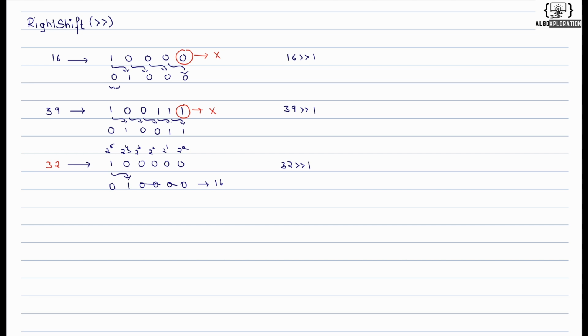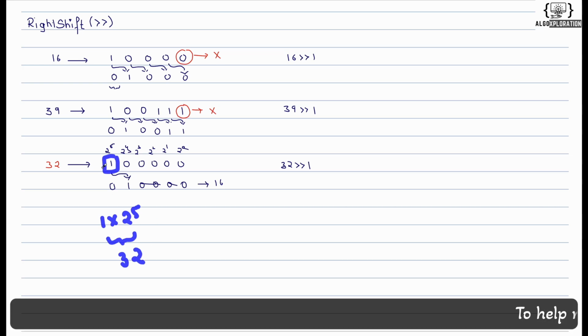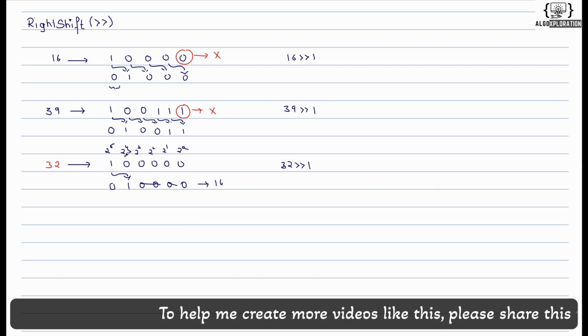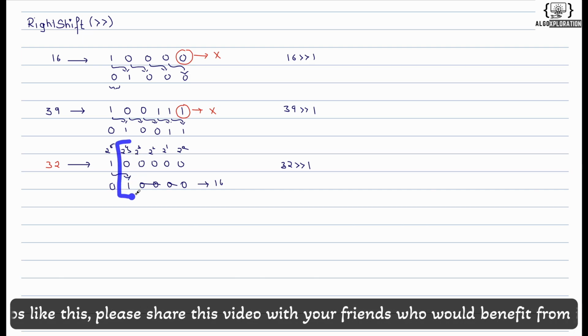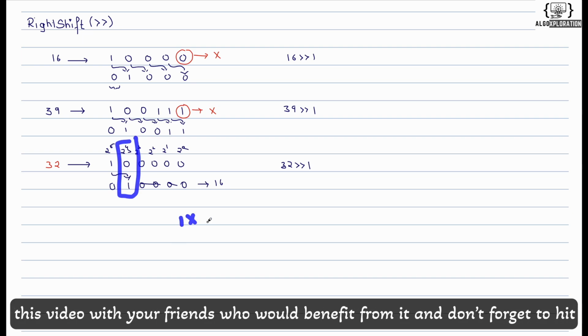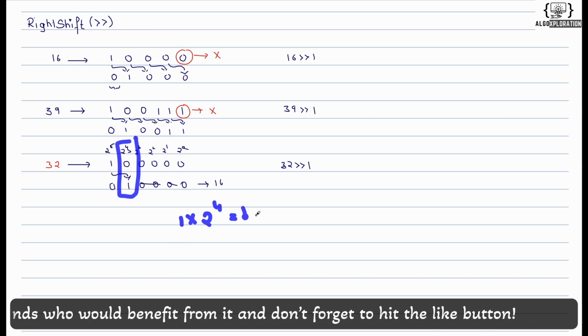Why 16? We can see that this 1 has been shifted to the right by 1. Initially the value of this one was 1 into 2 raised to 5, that is 32. But now this one has been shifted to the right, and the value of this place has become 1 into 2 raised to 4, that is 16.